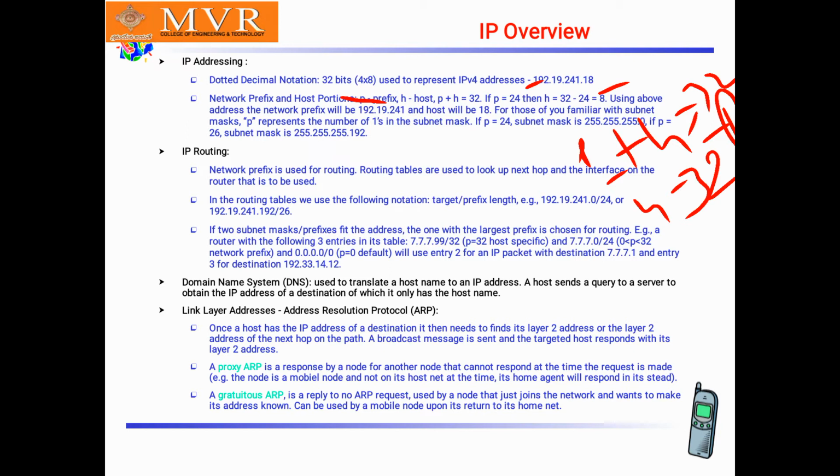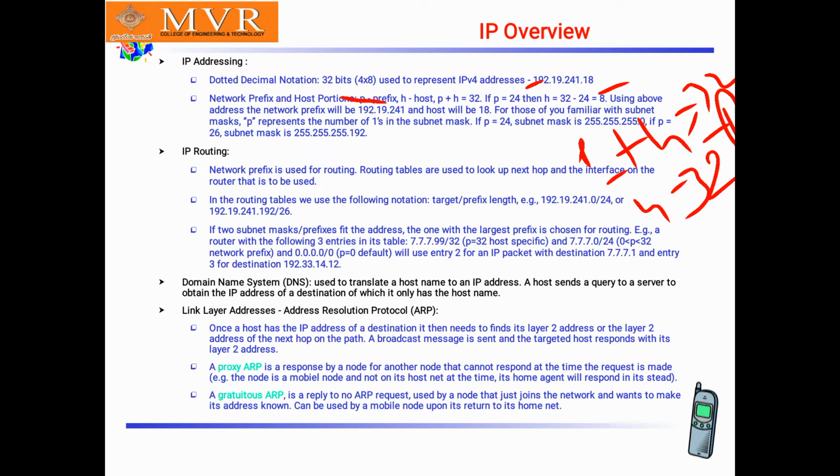The Domain Name System, DNS, is used to translate a host name to an IP address. A host sends a query to a server to obtain the IP address of a destination for which it only has the host name.